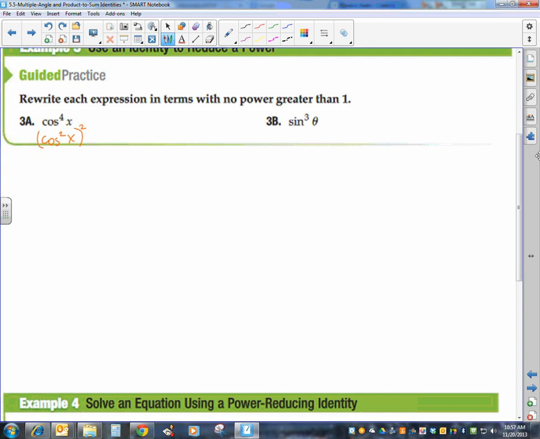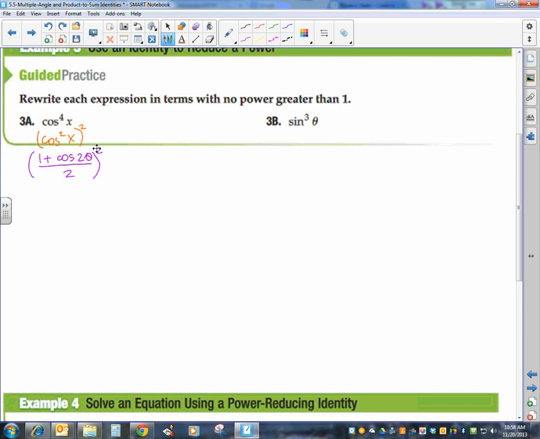So from there, I'm going to use my power reducing formula that we just talked about. Cosine squared is 1 plus cosine of 2 theta over 2. So I just reduced the inside. This thing is still squared.